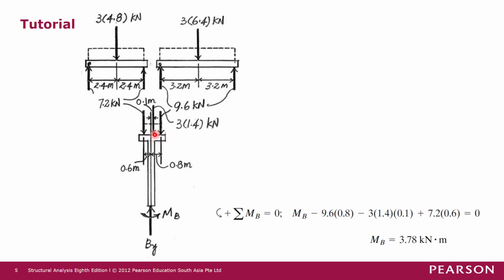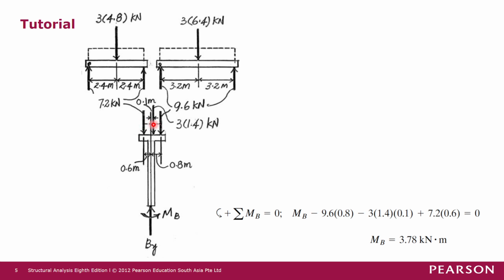And then the location of this resultant force from the UDL should be at the middle of 1.4 meters. So it should be 0.7 meters if we measure from the left.